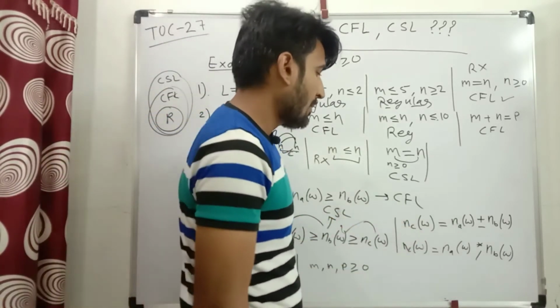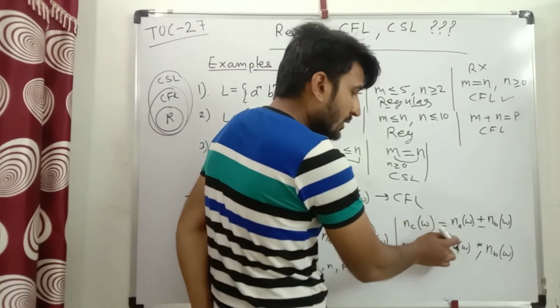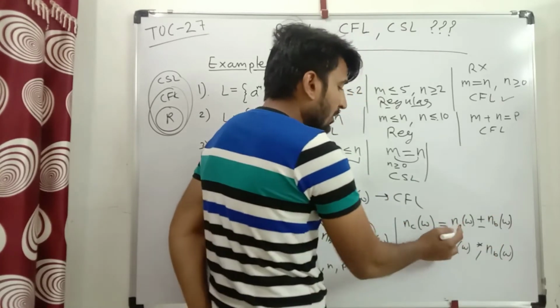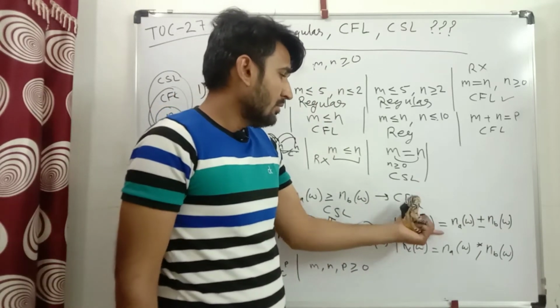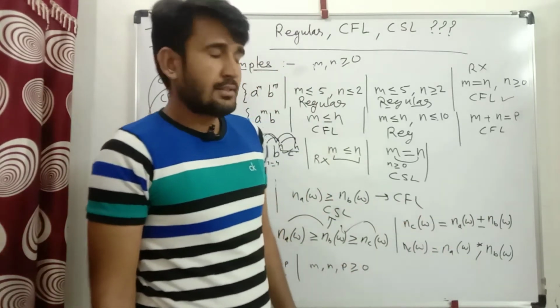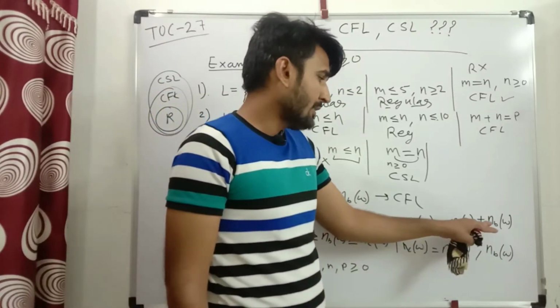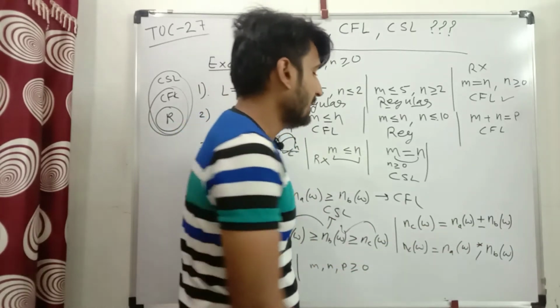And take this: the number of c's equals the number of a plus the number of b, or the number of a minus the number of b. Tell me which type the given language is. There are two operations, plus and minus, with comparing, so it is CFL.